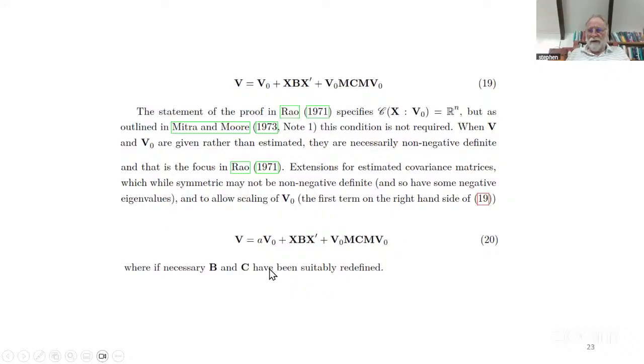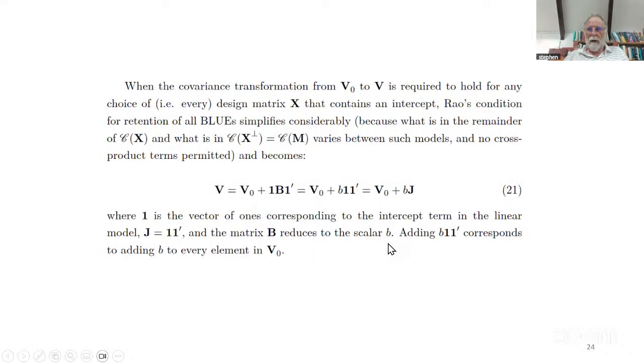So what we've got is this equation here, but we find that in the situation that we're dealing with, it simplifies enormously. We're looking at design matrices where the only thing they have in common is that they've got a column of ones. So all of this simplifies considerably because we're not allowed various types of terms. I've outlined just why in the first paragraph there.